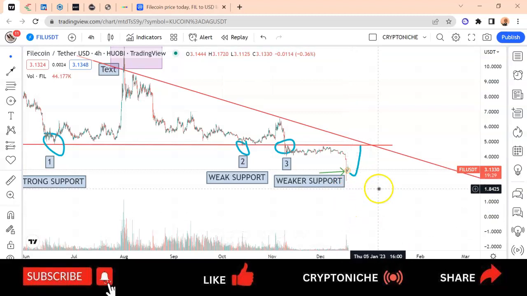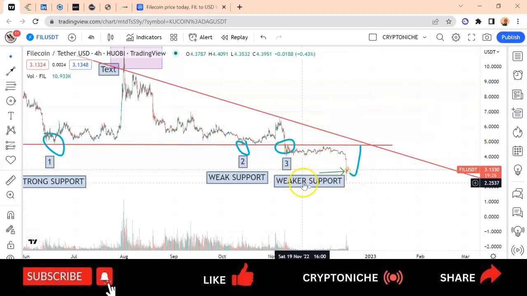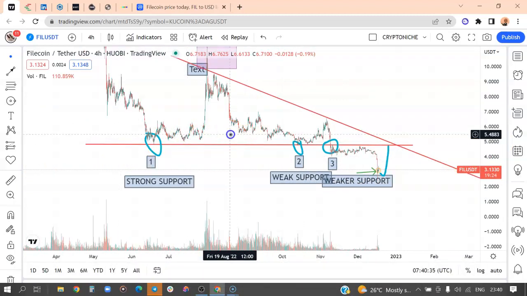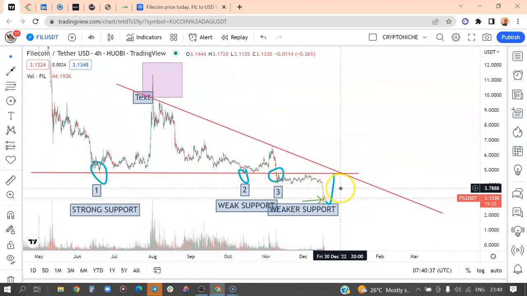But if you are trading this on the futures market, it makes a lot of sense to long it on the micro level. Then once it's about to hit the trend line or a little bit above it, you start building your short position and short it back. That is how to make money.